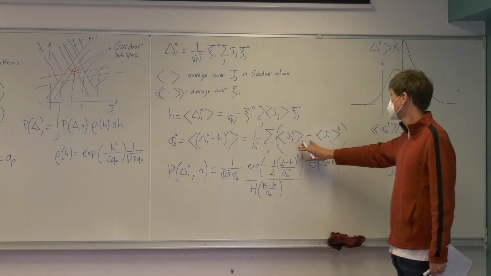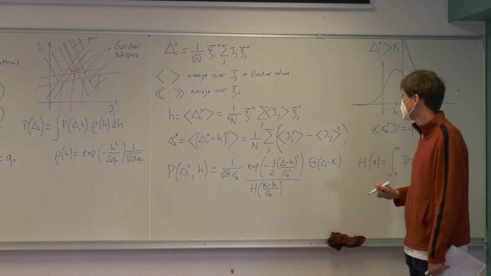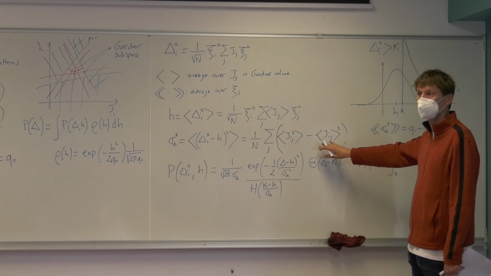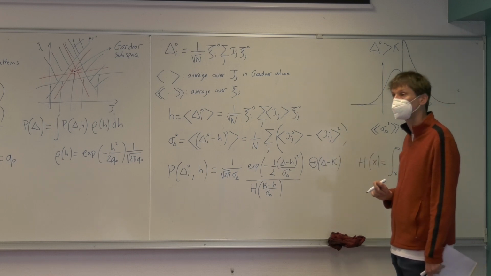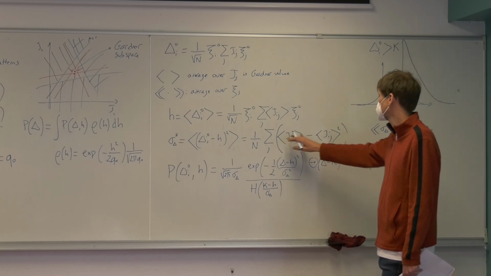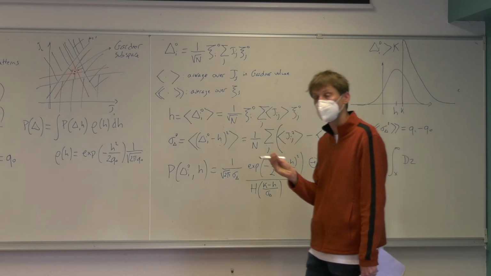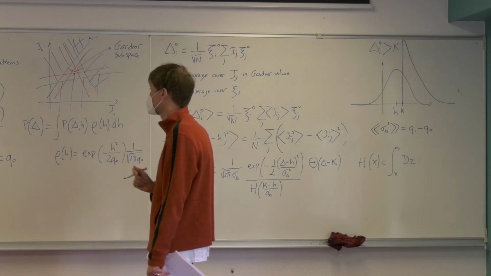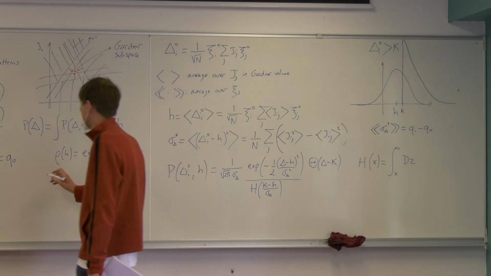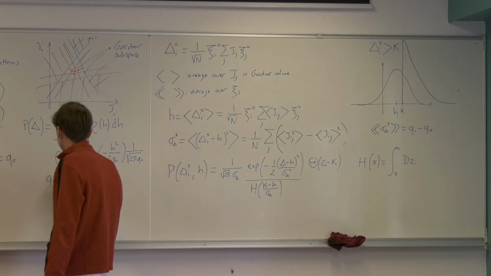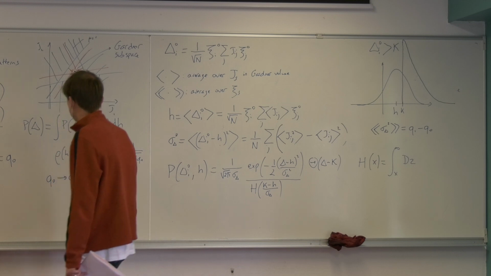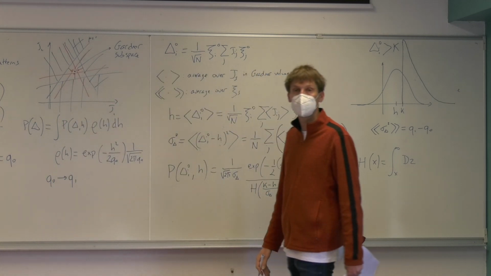At that point, we see that Q1 and Q0 become equal. This is the average of Jij squared when the space of Jij's shrinks to a single point. Basically, Q0 goes to Q1 in that limit.